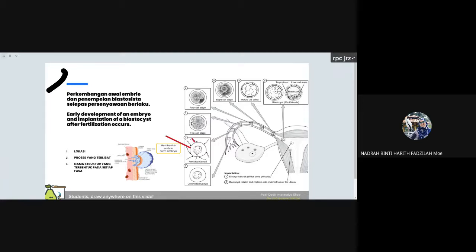Ya, dah jadi diploid zygote. So bila dia dah jadi diploid zygote, dia dah ready untuk buat mitosis. So the zygote will undergo proses yang kita panggil sebagai repeated mitosis.